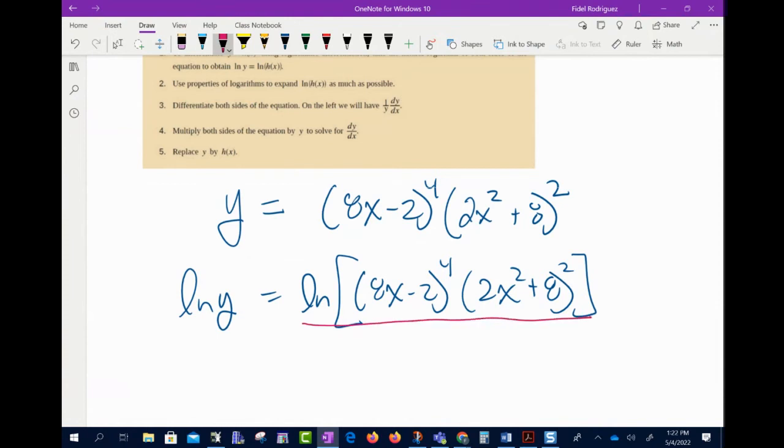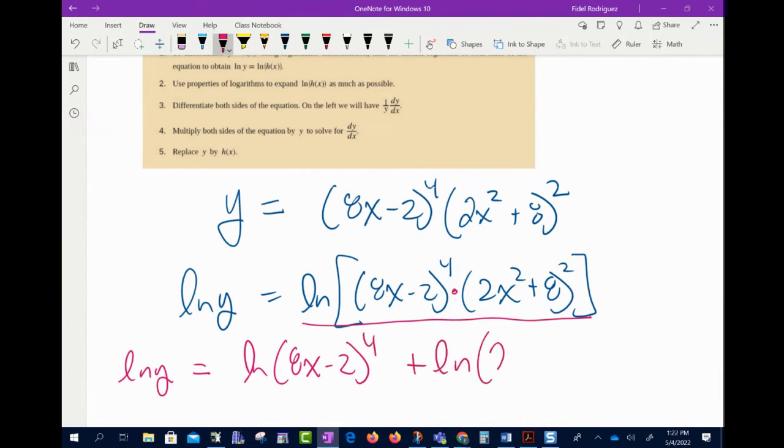I'm going to leave the left side alone. Since we have a product here, one of the properties of logarithms says you can break this up into the sum of two different logarithms. So we can write this as the natural log of 8x minus 2 to the fourth plus the natural log of 2x squared plus 8 all squared.